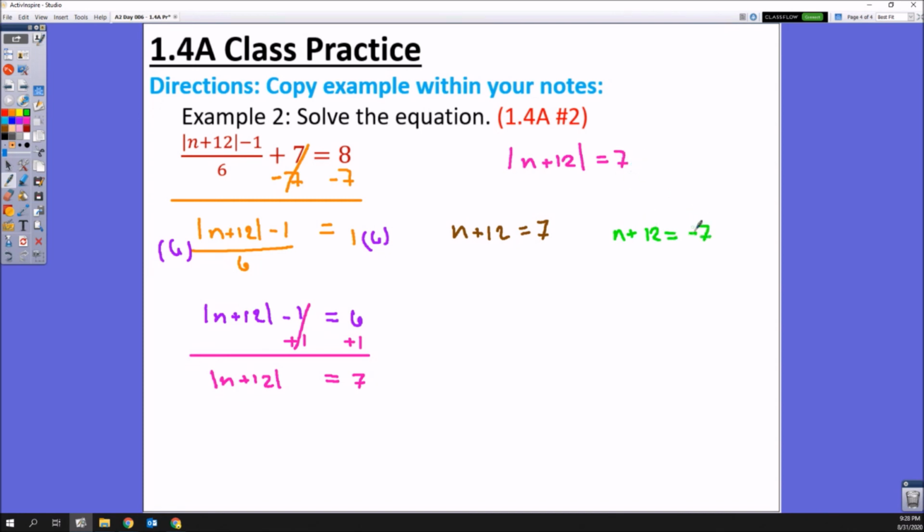So now I'm going to start solving it. So in order to solve for n, on the left equation, I'm going to subtract 12 on both sides of the equal sign. Then on the right equation, I'm going to do the same thing. Cancel out the positive 12. I need to subtract 12 to both sides. So let me do this part first.